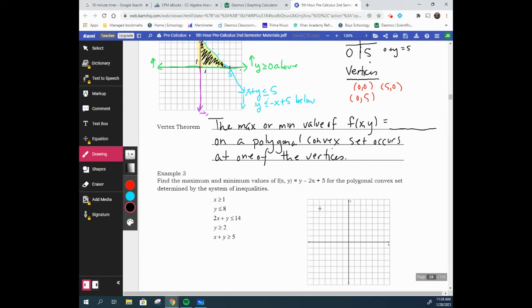Okay, so we're going to write that down, and then we're going to talk about what we're going to do with that in example 3 here.